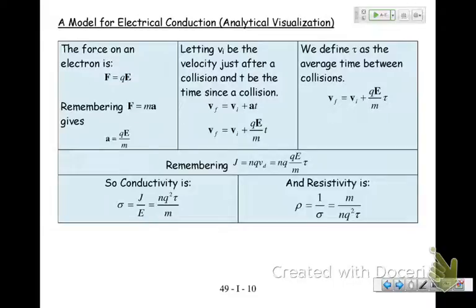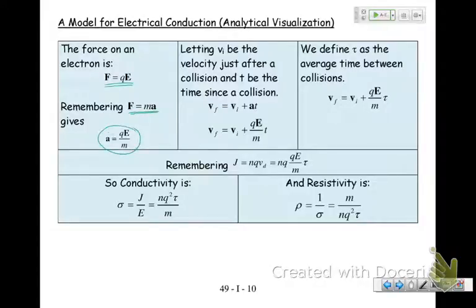A model for electric conductivity, this is the analytical version, and let's not get bogged down on this. Basically we're taking our force, which is our charge times our electric field, and F equals ma, and combining them.